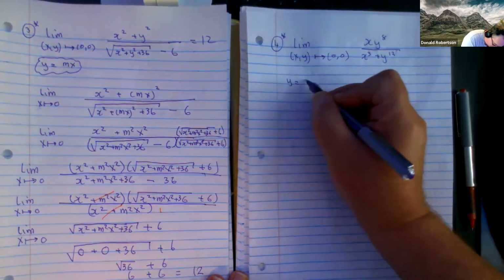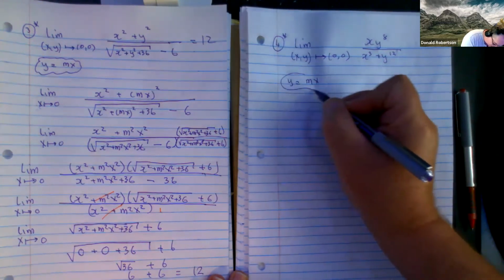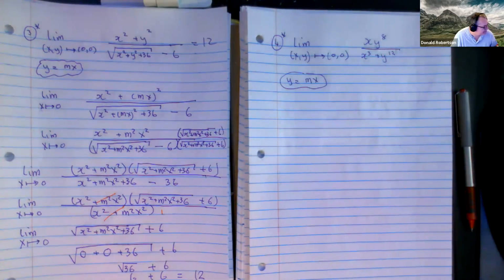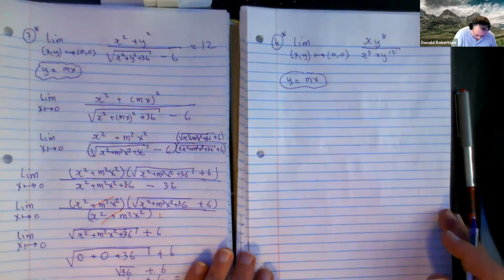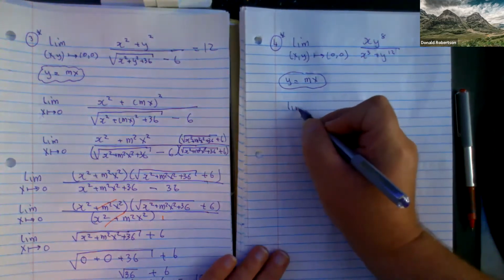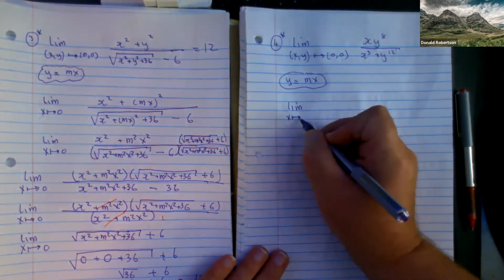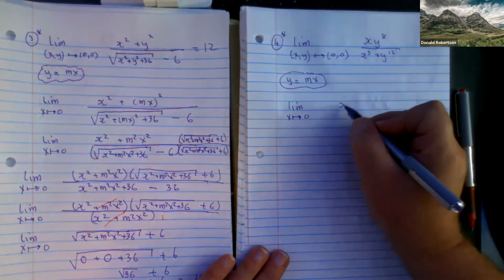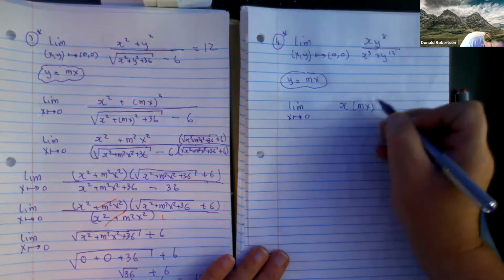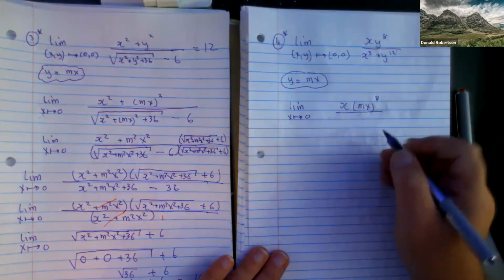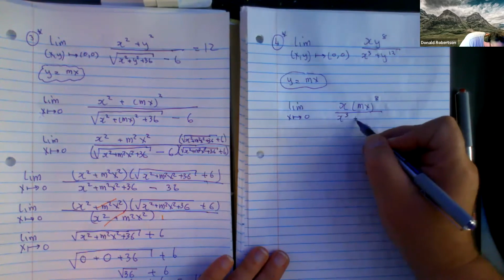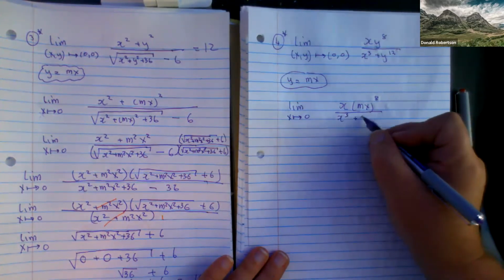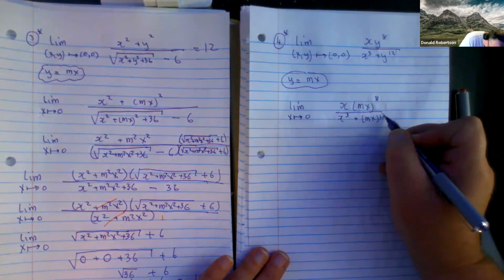And we'll go for the y equals mx trick. And this gives me the limit as x tends to 0. And we have an x and we have an mx to the power of 8. And on the bottom, we have an x cubed plus an mx to the 12.